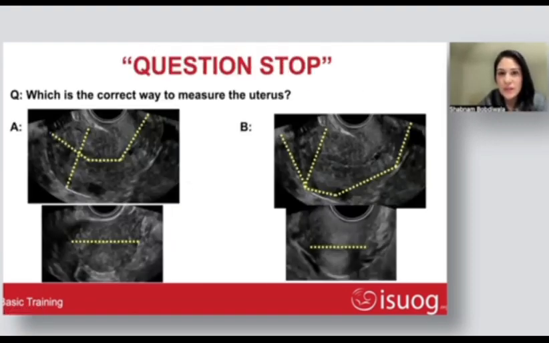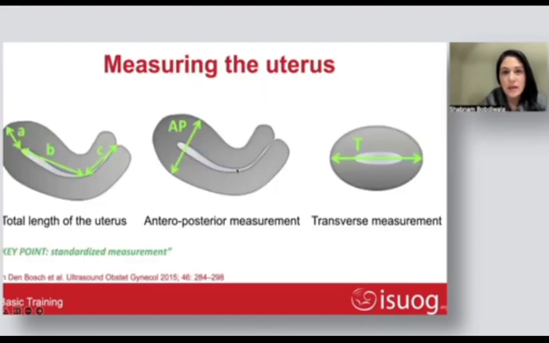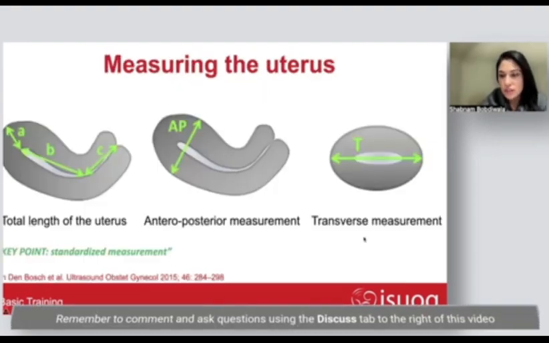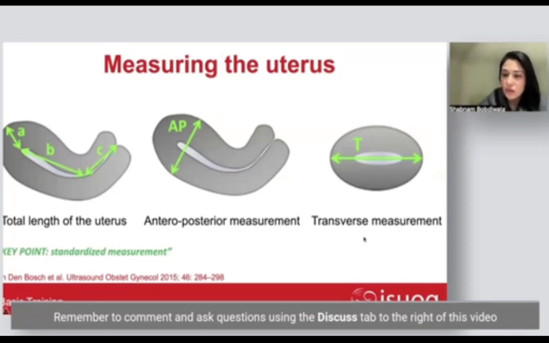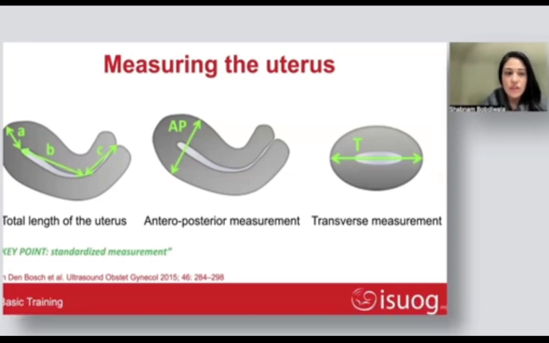Moving on to our next question, stop: which is the correct way to measure the uterus, A or B? I hope you all felt that it was A, and this is demonstrated really clearly and described so eloquently in a paper by Thierry van den Bosch and his colleagues, which I've referenced here, which states the importance of a standardized way of measuring the uterus.